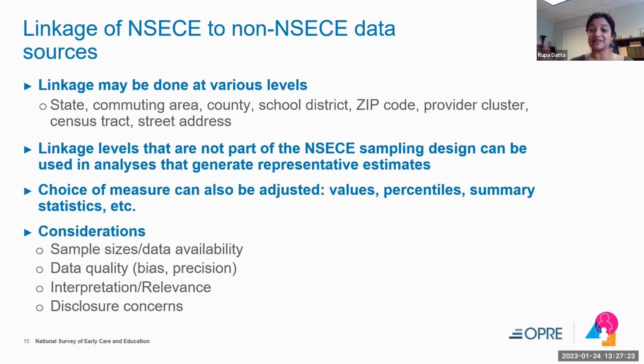Those have the effect of normalizing relative to something that might facilitate comparisons either across households or across geographic areas. And so again, we're going to go through these different considerations to think about how we might choose the linkage level, the linkage source, as well as the choice of measure.